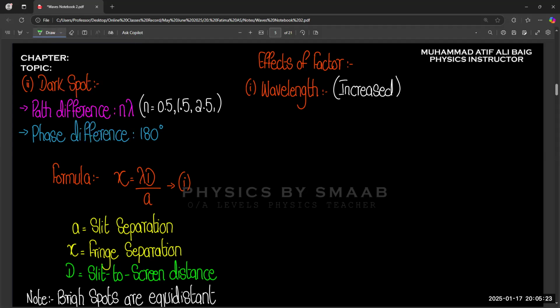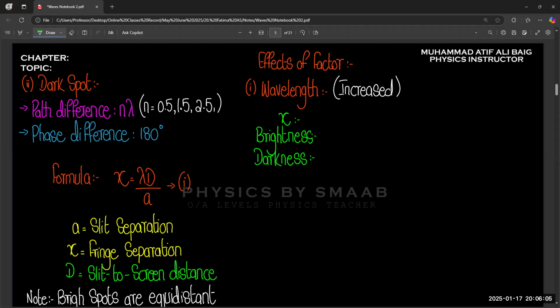The first one is the value of x, fringe separation, brightness. Brightness means brightness of bright fringes, right? And darkness means darkness of dark fringes only. So to save time, I'm writing in simple key terms, so it will be easy for us to understand and also to save our time.